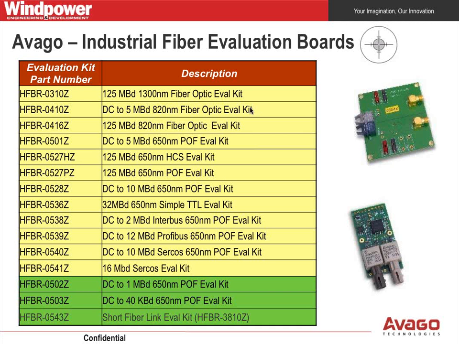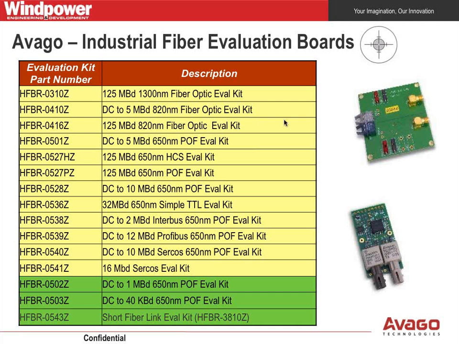Basically, all these are kits that include the circuit boards you see to the right, plus a length of cable, connectors, and the associated materials that you would need or want to build a fiber optic link so that you can put it in your system.